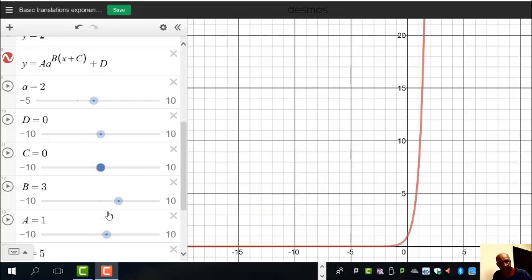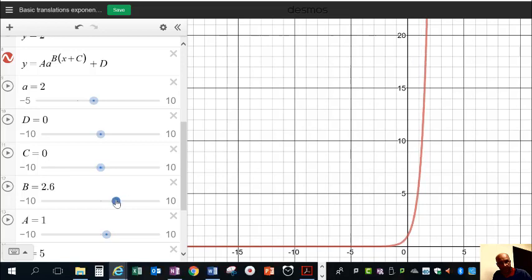Here we can see that if we decrease it, it's less compressed. Increase it, it's more compressed. I'm just sticking with positive values for b at this stage. So it's a shape change. We'll put that back at its standard position, which is 1. But if we put it up to, say, 3, we see it's more compressed.